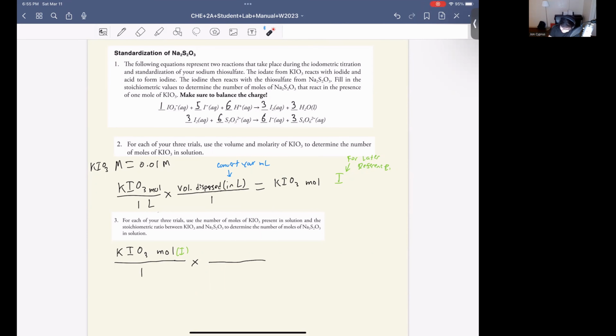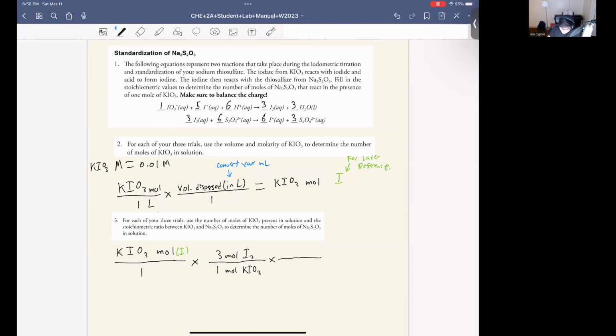So I'm going to convert this into moles of iodine. For every 1 mole of KIO3, from the reaction, I get 3 moles of iodine. The units will cancel out; I won't cancel them because it will look too messy.